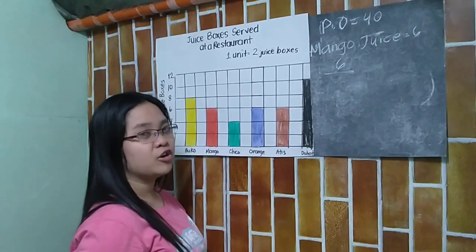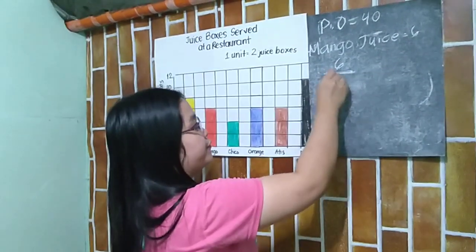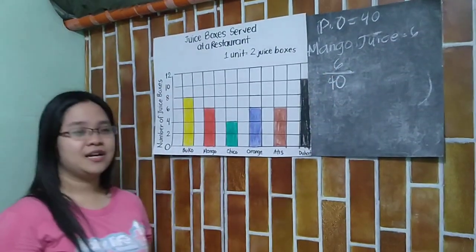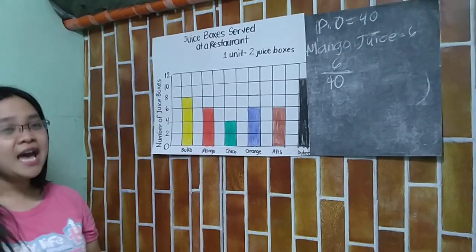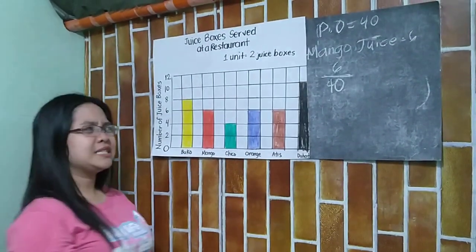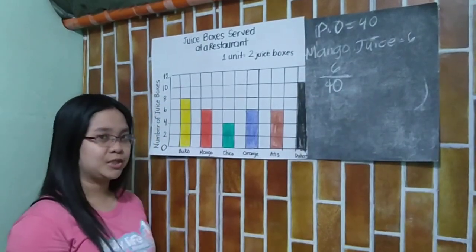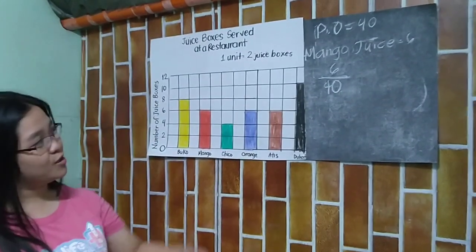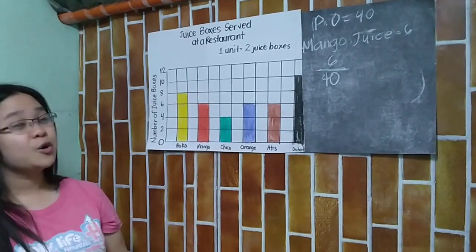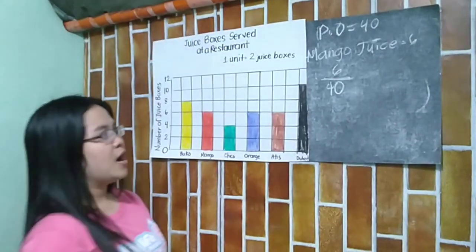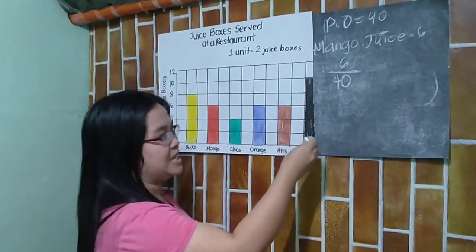Our possible outcome is 40. Okay? So now, can we simplify this particular fraction into its lowest term? Yes, we can, because as you can see, the number is quite big. Now, let's get its GCF.